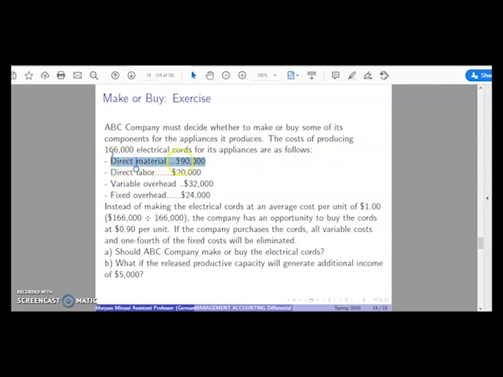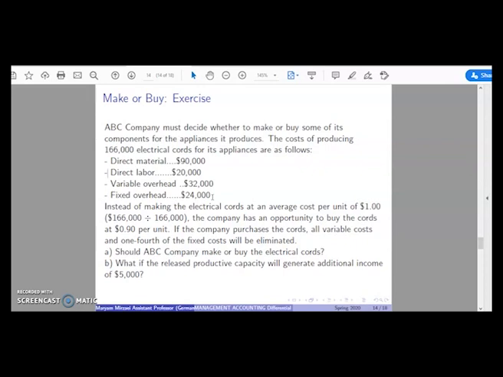They have direct material of 90,000, direct labor of 20,000, variable overhead of 32,000, and fixed overhead of 24,000. The average cost per unit is $1, which is 160,000 over 160,000.